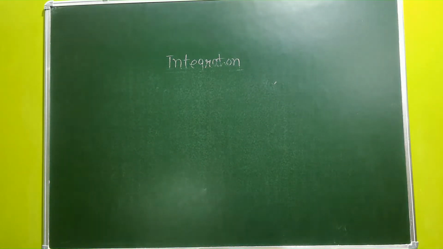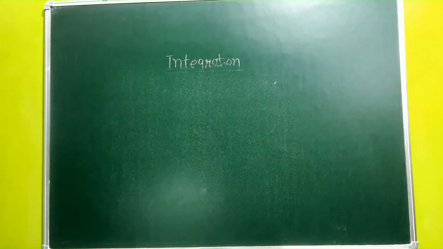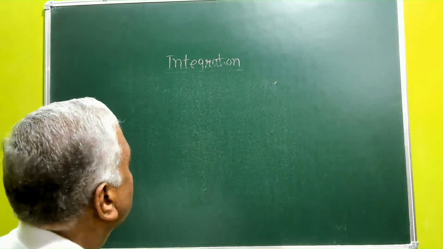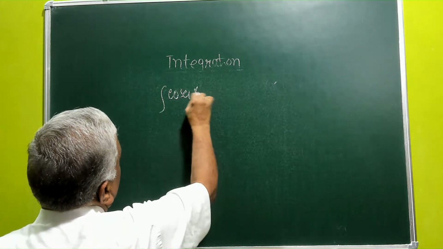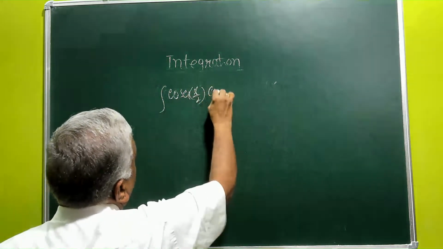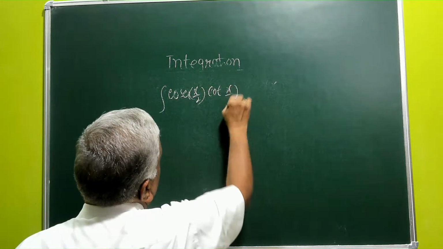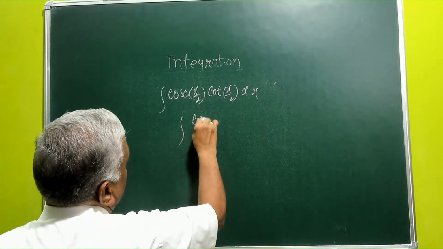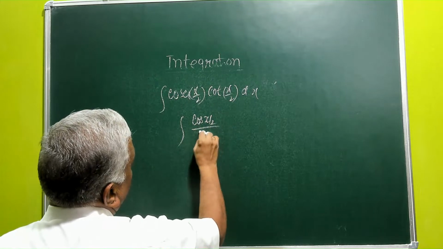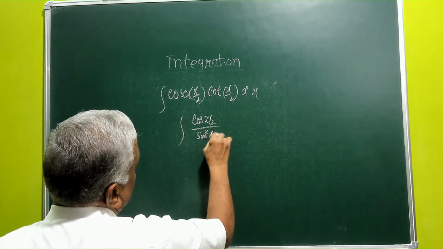The next problem they have given is cosecant x by 2 into cot x by 2. You have got a similar problem already. So you can write this as cos x by 2 by sin square x by 2.